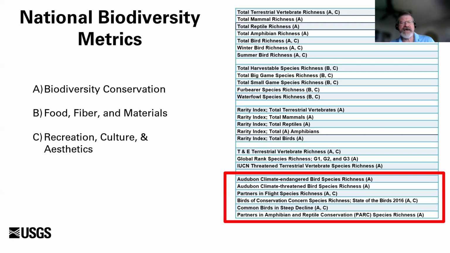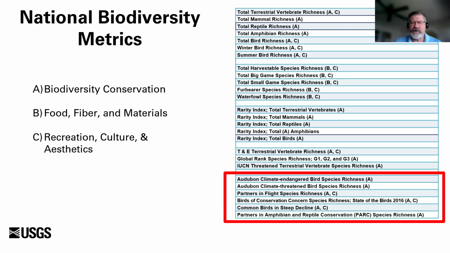And then we can get more taxa-specific ones, such as Audubon's climate endangered species or threatened, Partners in Flight birds of conservation concern, common birds in steep decline, and Partners in Amphibian and Reptile Conservation.